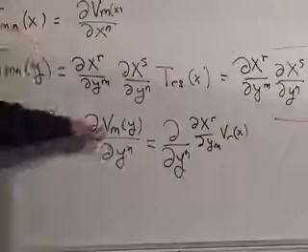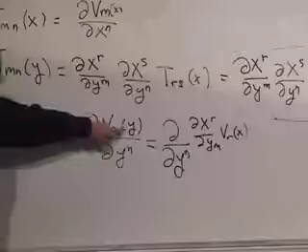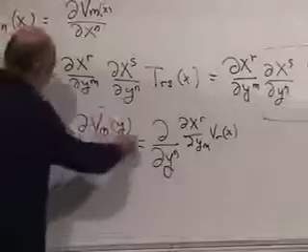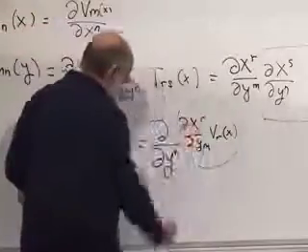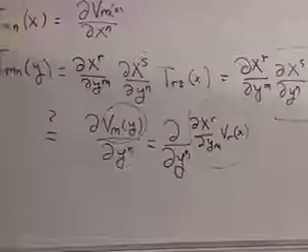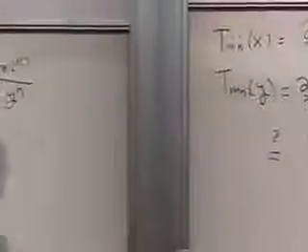All I've done here was use the transformation from y components to x components to rewrite what's over here. Just pure substitution. So now we have the question, is this equal to or is it not?